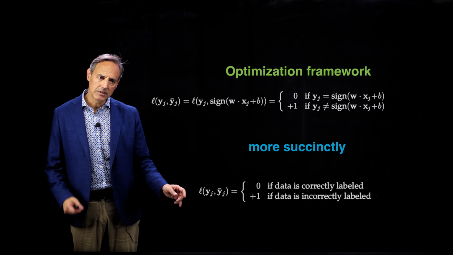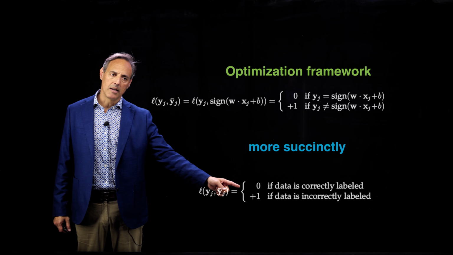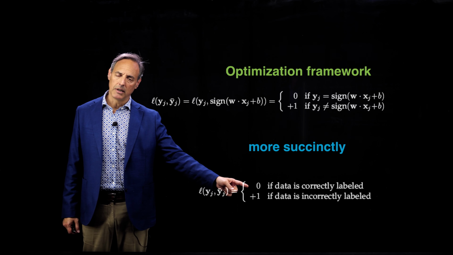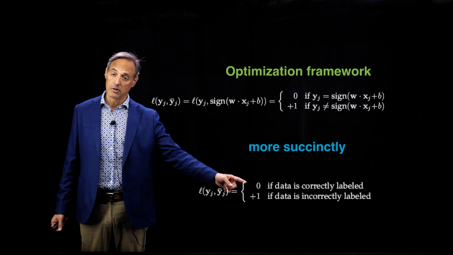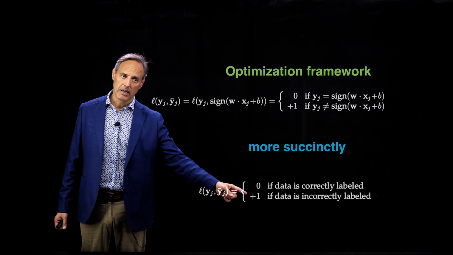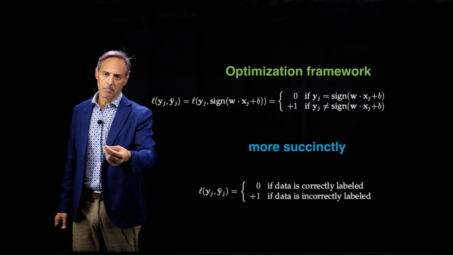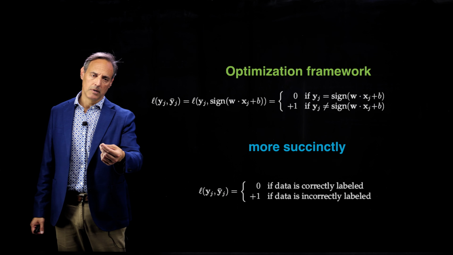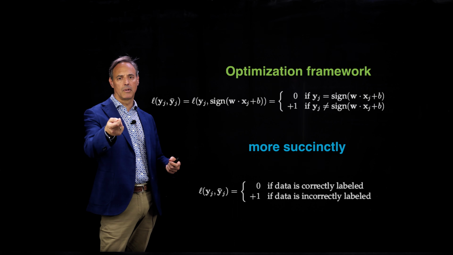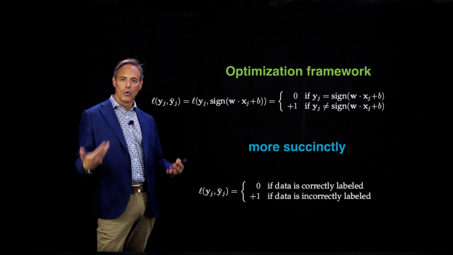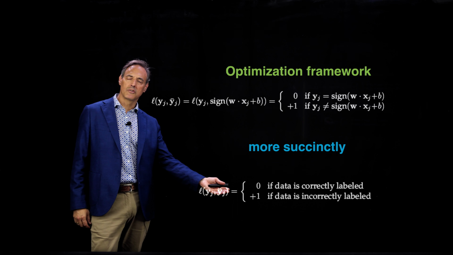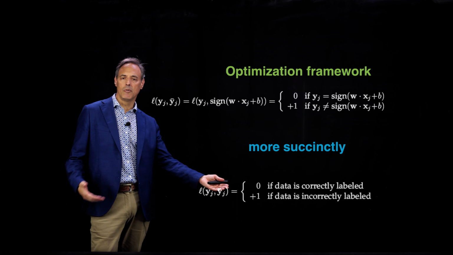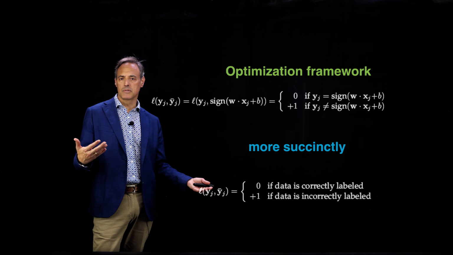I look at every single data point and I don't pick up a loss penalty if I get it right, so 0 contribution. But if I get it wrong, I get dinged by +1. And of course you can play around with the penalization if you like, but here it's just generic: every time you get one data point wrong, you get a +1. And of course your goal is to get them all right, so you would like not to collect any of these if possible, but of course you're going to pick up some penalty.